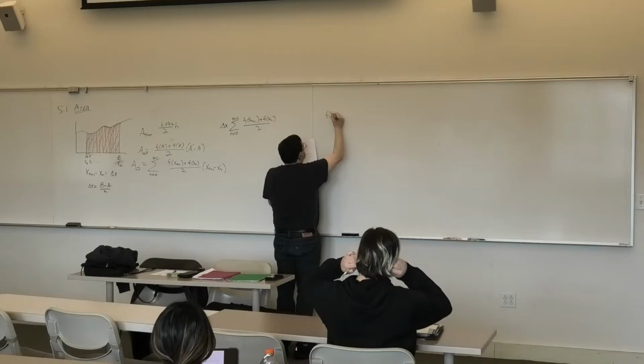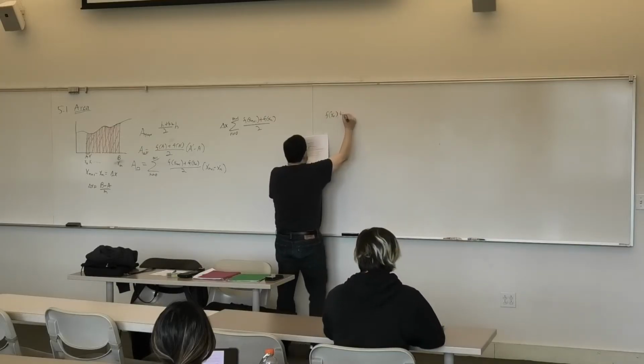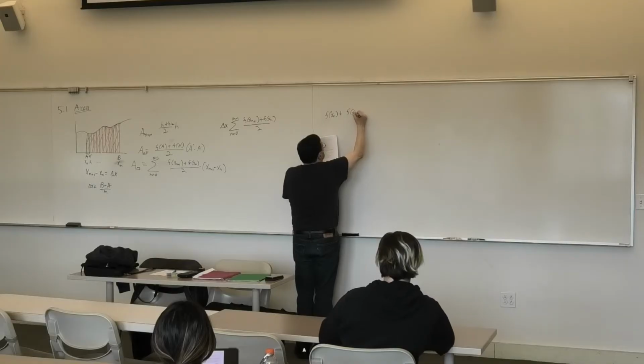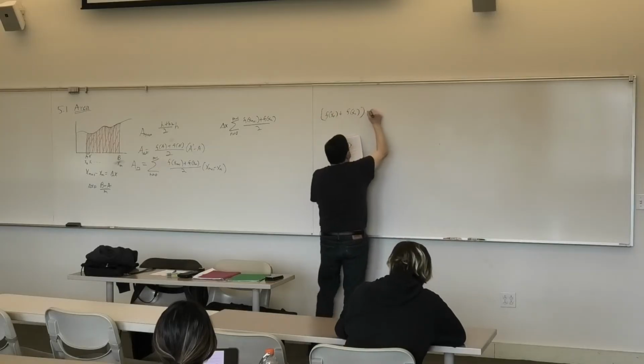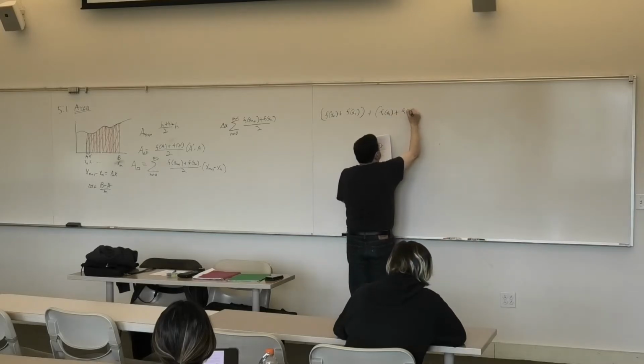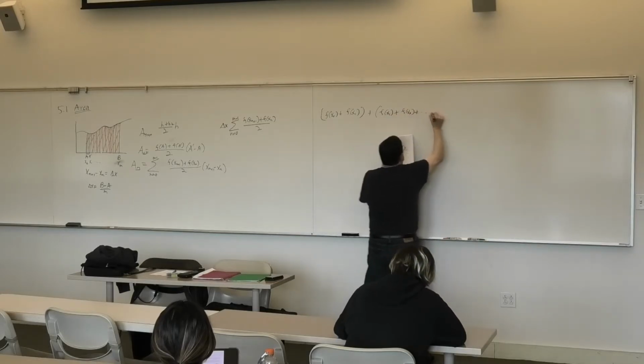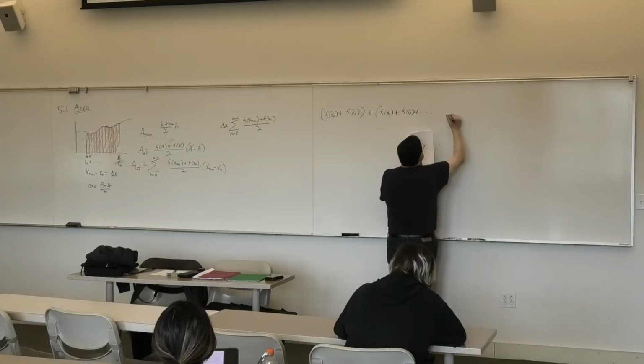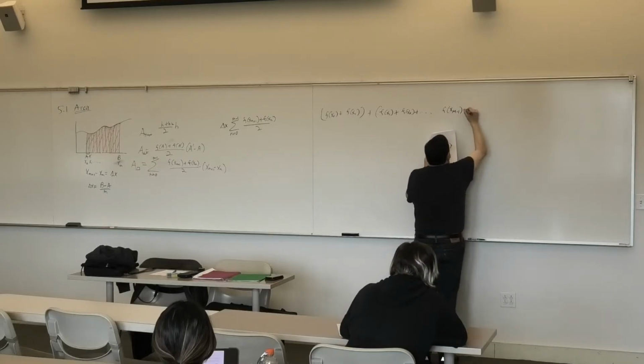Well, f of x0 plus f of x1 plus f of x1 plus f of x2 all the way out to f of x of m minus 1 plus f of x of m.